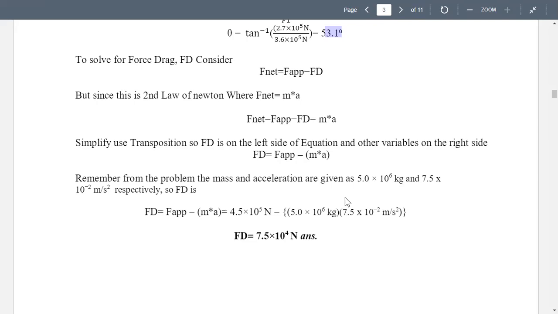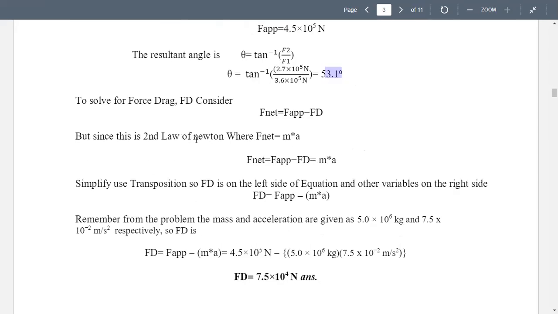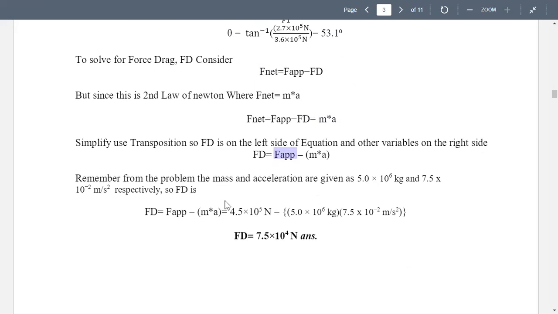But since this is Newton's second law, where F net is equal to mass times acceleration, this variable would be equated to mass times acceleration. Further simplifying for transposition, your FD would be equal to F net minus mass times acceleration.